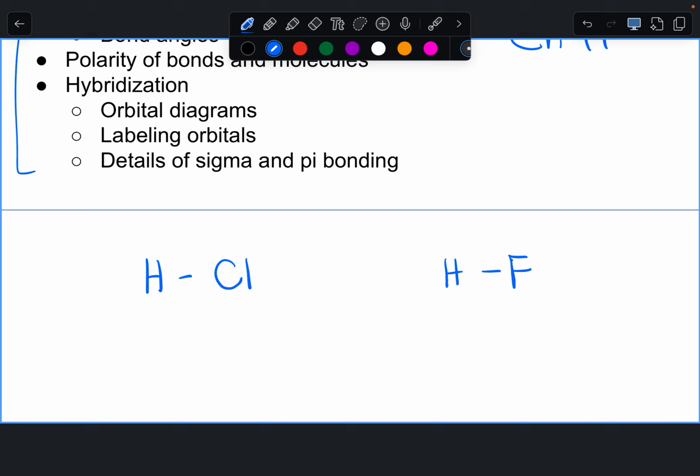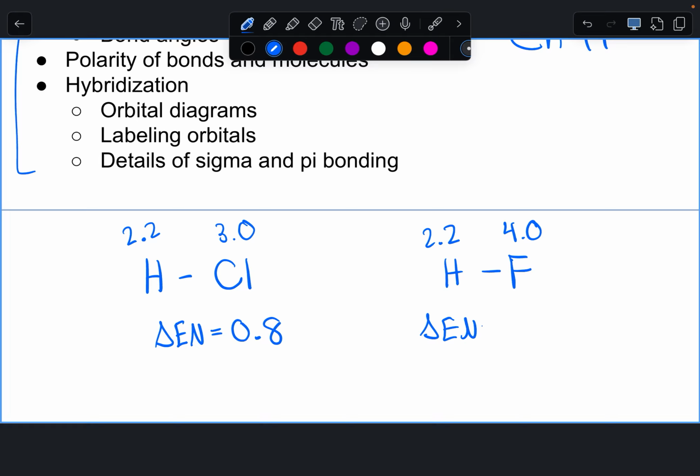But you're going to have that table, and you would just go look up the electronegativity values and say, okay, hydrogen's 2.2, chlorine's 3.0. So the difference, not delta H, there's another delta H that we use all the time that we haven't even talked about yet, the difference here is 0.8, whereas for HF, it's 2.2 and 4.0. So the difference in electronegativity is 1.8.